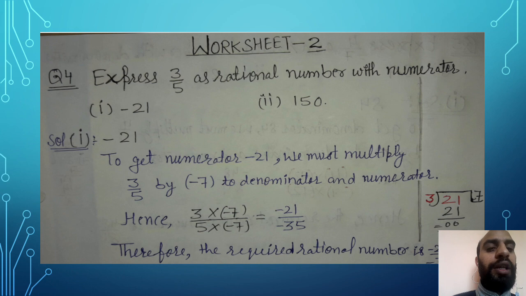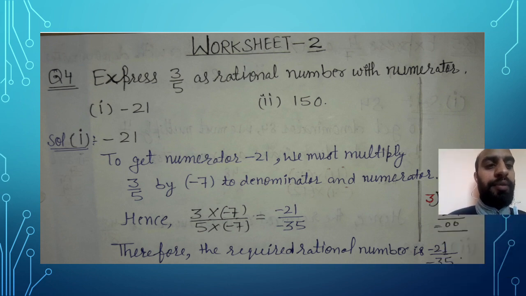Here we are comparing the numerator first. In the question the numerator is 3, and in the answer we need numerator equal to minus 21. So here, my dear students, you have two choices. One is you can recite the table of 3, and when 21 comes, that is the number required to multiply.